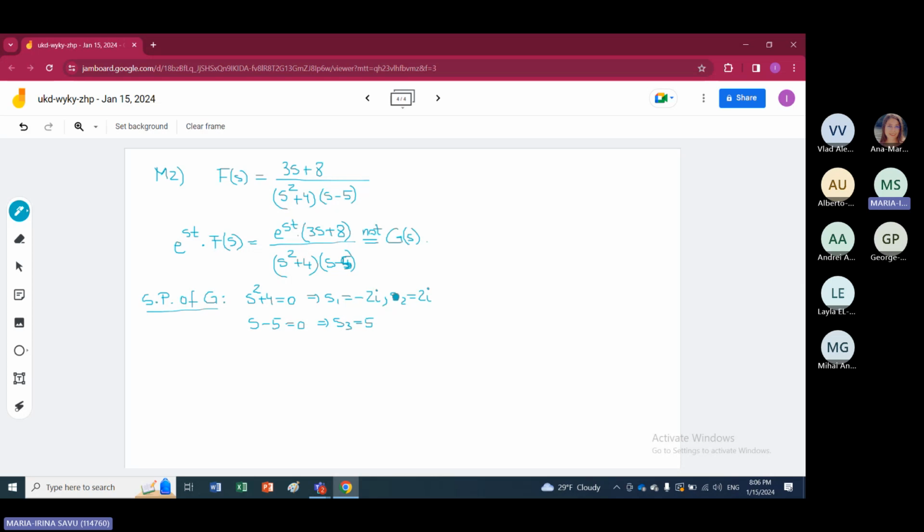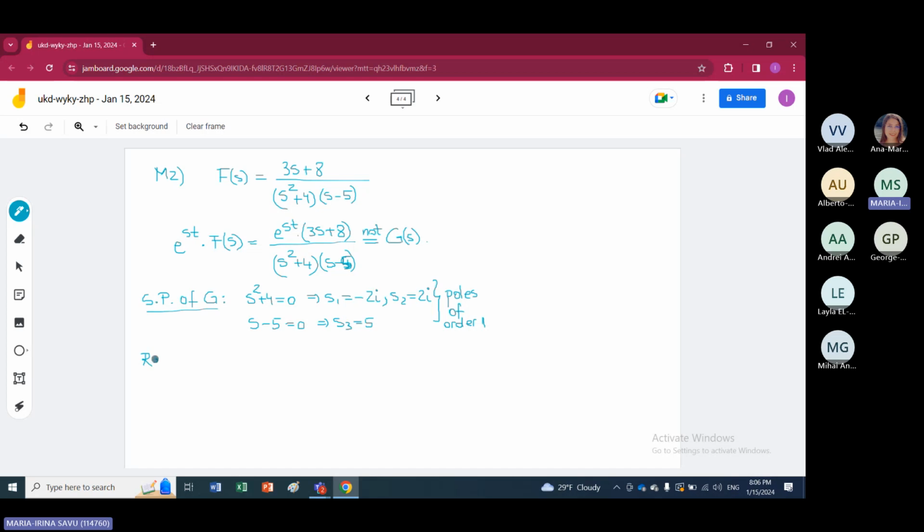What type of singular points do we have here? Poles? Yes, they are poles of what? Order 1. Exactly. They are poles of order 1.